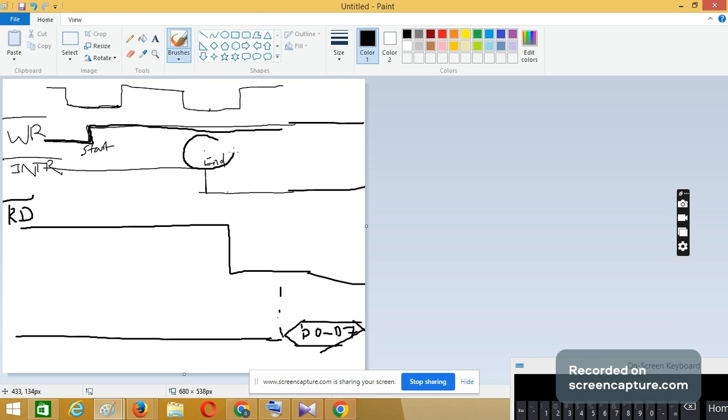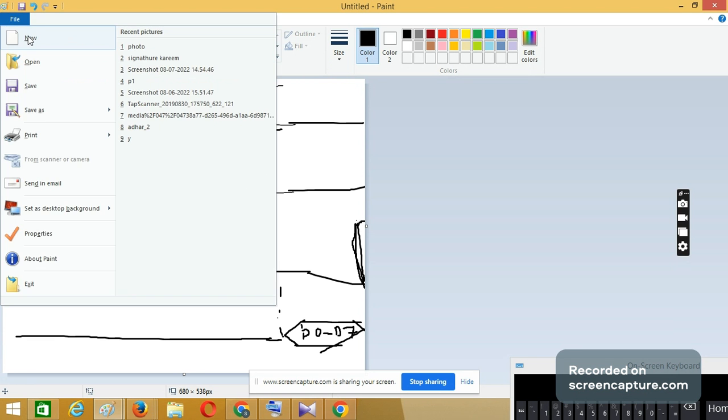This here is the end of conversion. After that, the microcontroller will issue the read bar signal low so that it can read through D0 to D7. And after reading is over, after some time, it has to go high again, so that for the next reading, it can go low. So this is how you have to make the program.